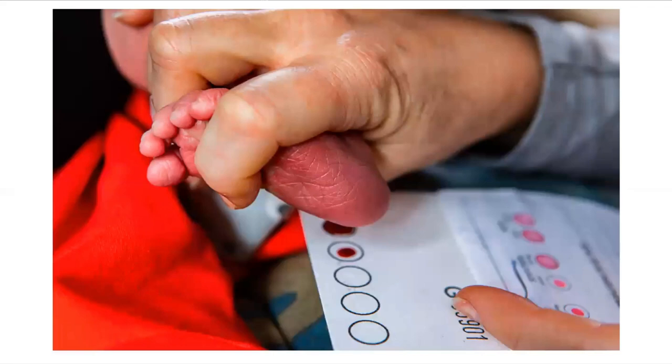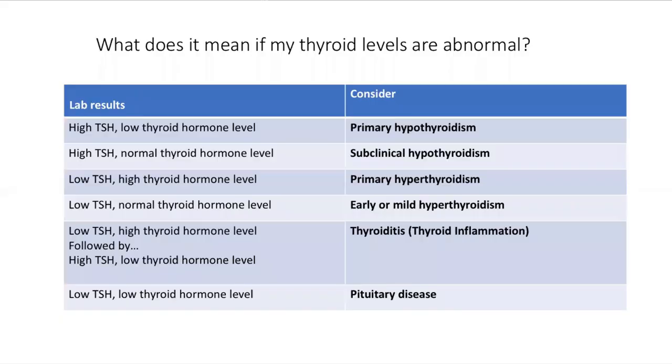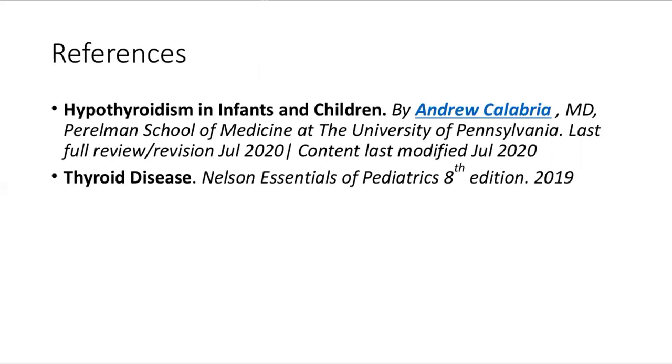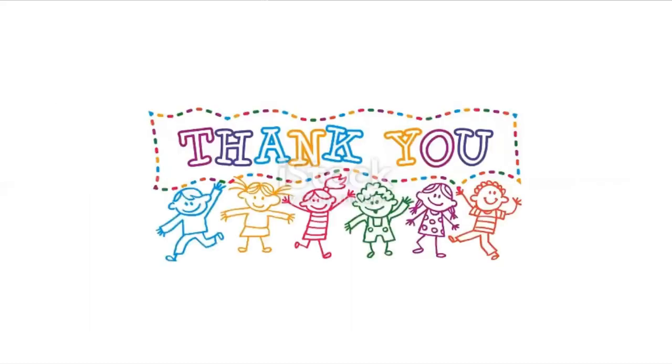Don't forget thyroid screening for the newborns. And this is a table showing what does it mean if my thyroid levels are abnormal. Pendred syndrome is goiter and congenital deafness, often euthyroid, but may be hypothyroid. These are the references. Thank you.